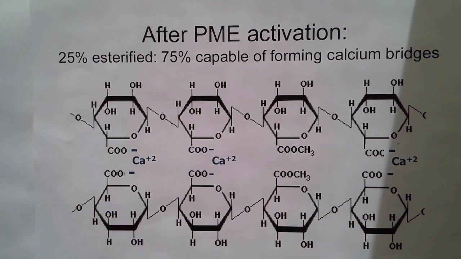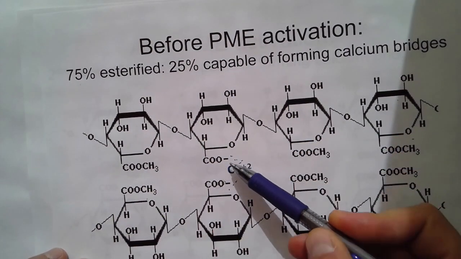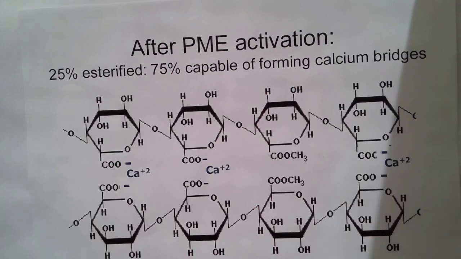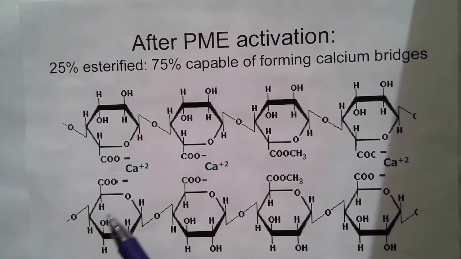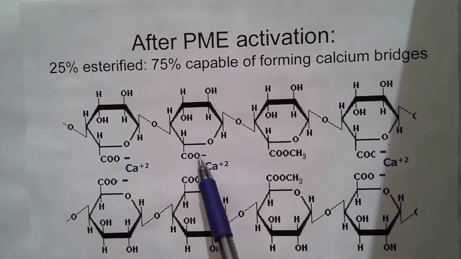However, if you let PME do its job, you're going to convert a lot of those methyl ester groups to carboxylic acid groups. So before, remember I showed you, this is the before situation where we had only 25% of the carboxylic acid groups that could participate in these calcium bridges. Now we let PME do its job, and we've got this kind of situation where 75% of the groups are the carboxylic acid groups.